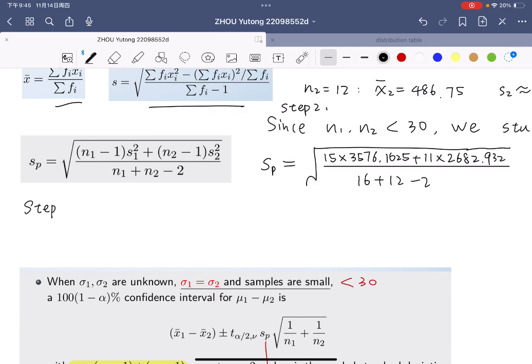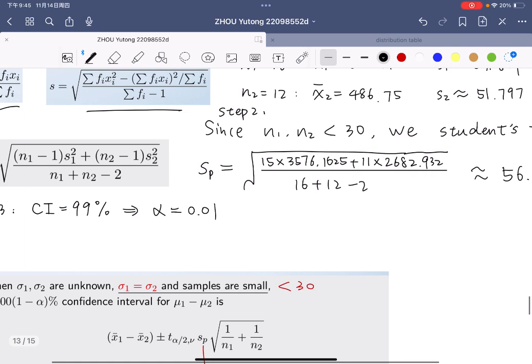Because our confidence level is 99%, we have our alpha to be 0.01 and our degrees of freedom to be 16 plus 12 minus 2, that is 26.